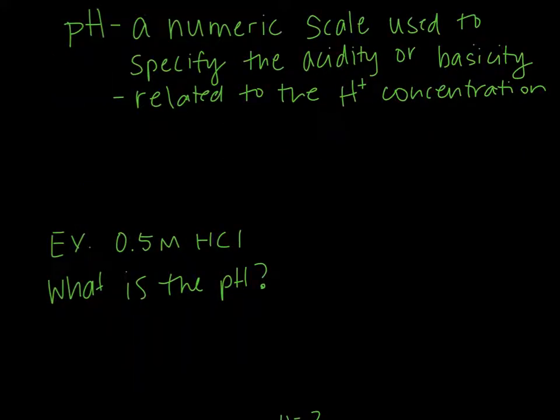All right, so now we can get into pH calculations. So pH is a numeric scale used to specify the acidity or basicity, and it's related to the hydrogen ion concentration.